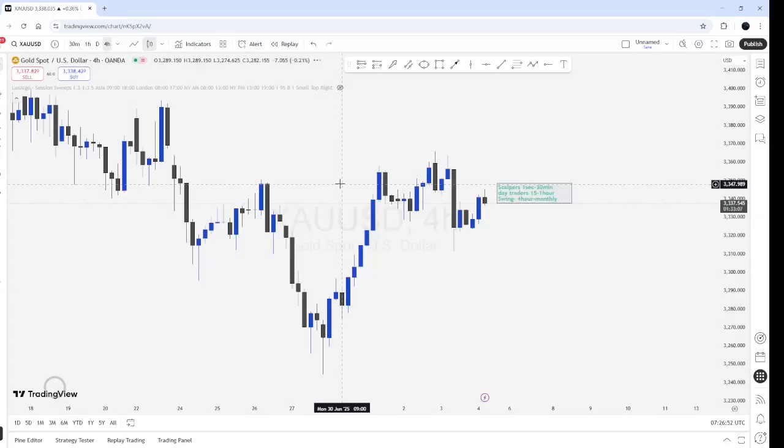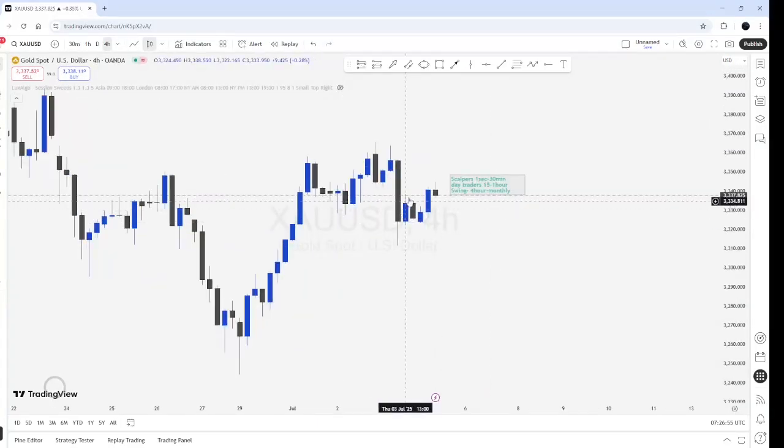Every 4 hours you look at it, so you set an alarm. Every 4 hours you look at the chart. What is happening? Did I get an entry? I don't have any entry. Okay, let me just move on with my day. So every 4 hours you check up on the market. What is going on?